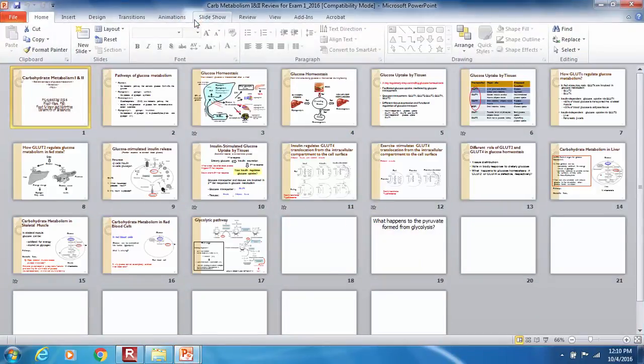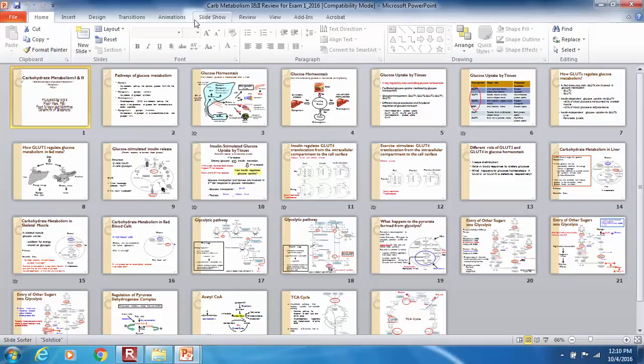So you go to the TCA cycle and see how many NADH and FADH2 are produced, and then you calculate the ATP. So in general, from one molecule of glucose, complete oxidation produces 36 to 38 ATPs, including ATPs from glycolysis and the TCA cycle.